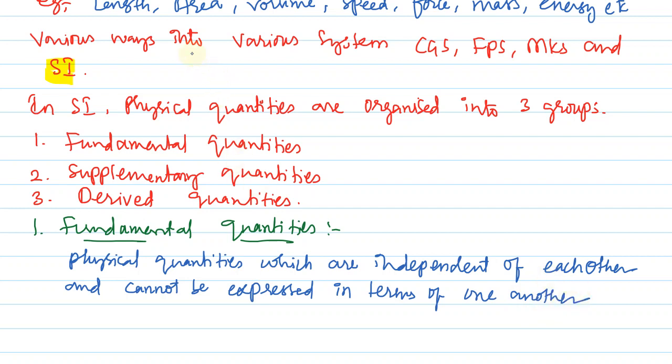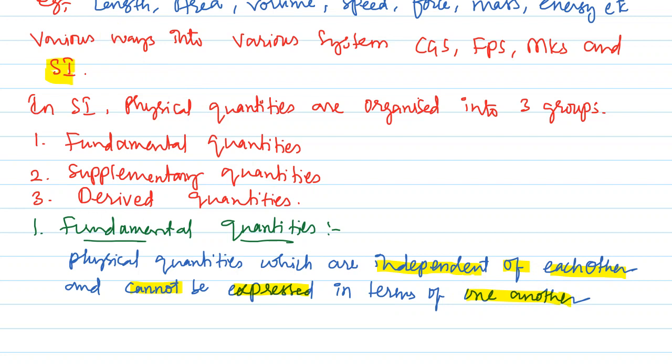So two conditions are there to be called fundamental quantities. First, they must be independent of each other. And second, these quantities cannot be expressed in terms of one another.